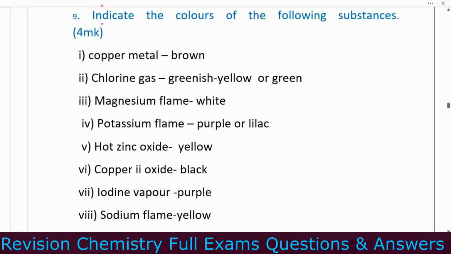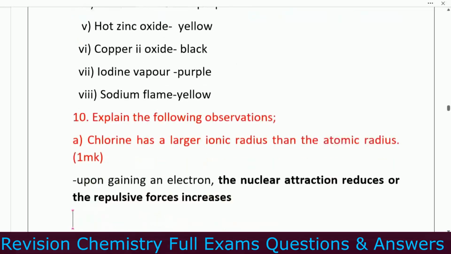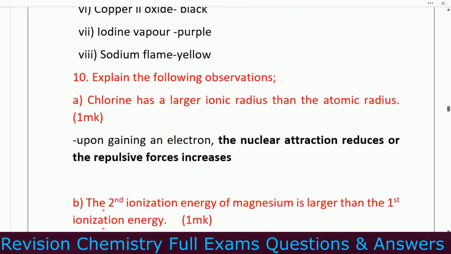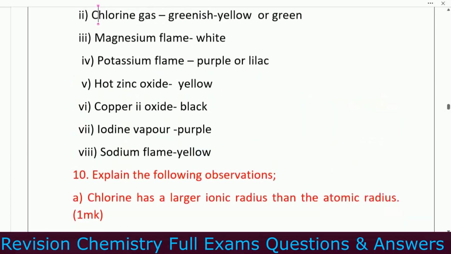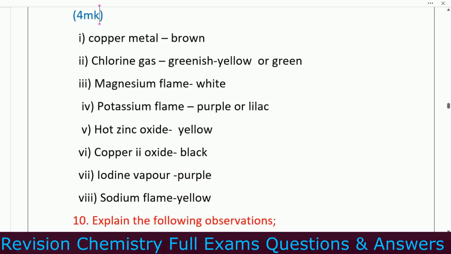You need to know the colors of these metals, because during practical, these are some of the things that they test whether you can remember or recognize these substances. You can be asked what is the color of the gas produced, what is the color of the metal, or they can tell you to write the equation of the metal with hydrochloric acid.